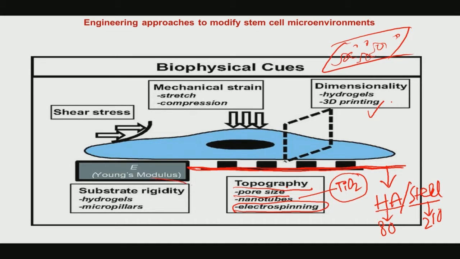And the substrate rigidity can be in the form of micropillars, like this kind of micropillars on the substrate itself, or hydrogels, which is another kind of substrate. So, what are the things that I have mentioned here? One is the elastic modulus, which they also call elastic stiffness or Young's modulus.